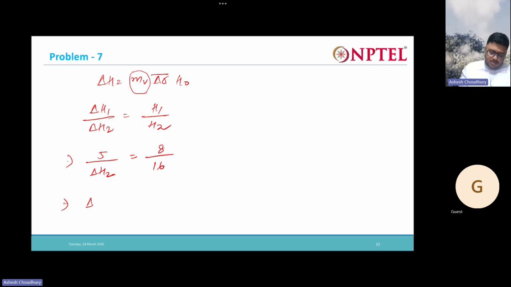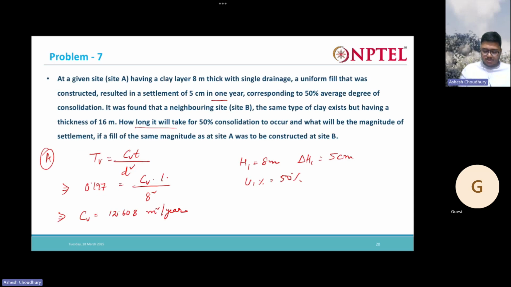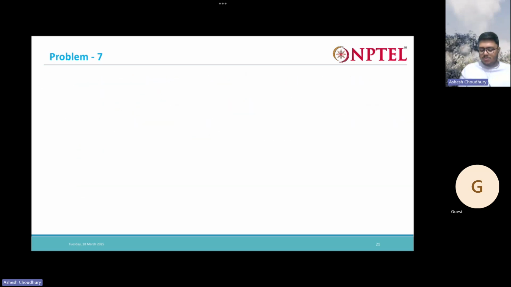So I can get delta H2. Quite simple. So you can see settlement was 5 centimeter, the settlement also increased, doubled. With the doubling of the thickness of the clay layer, the time required quadrupled and the settlement doubled.